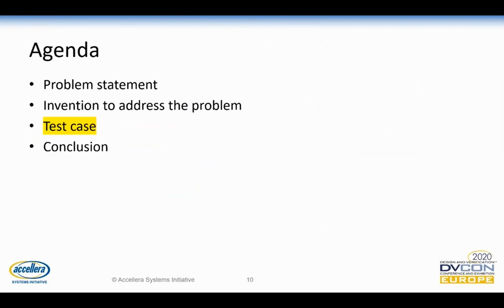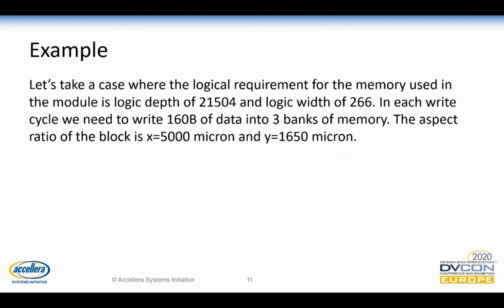Now, let's establish the idea with an example to absorb everything I spoke so far. Let's take a case where the architectural requirement from the spec for the memory used in the module is to meet logic depth or address of approximately 21K bits and logical width or data of 266 bits. And this is kind of a very standard case in most of the network chips that we design.